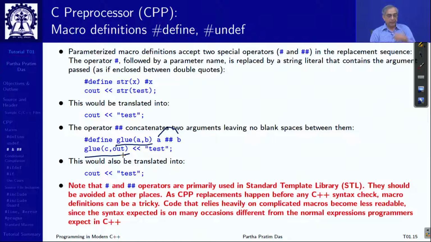So, this will take c as a string, out as a string, put them together, cout, and this is what will be generated. Right? These are primarily used in the standard template library, because a lot of template manipulations are required. So, I would not say that I encourage you a lot to use them, but know that these kinds of things exist.